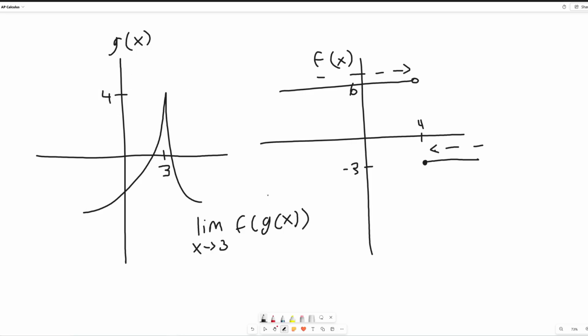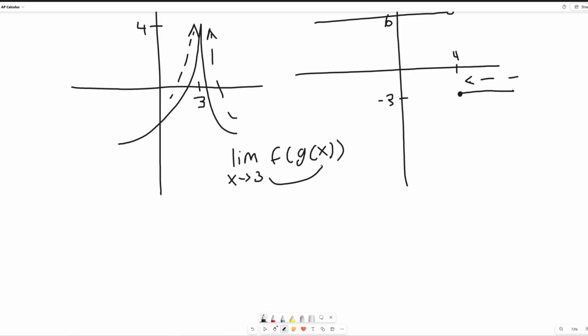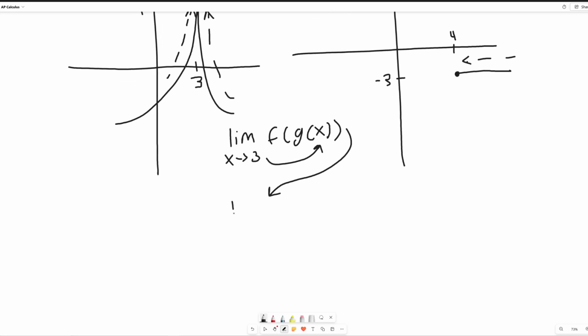But when you approach the limit from both sides, this is important. So if you approach it from both sides, coming from the same direction, so from here we're going from down to up, down to up. When you plug this 3 into here, you have to add a direction to the limit.